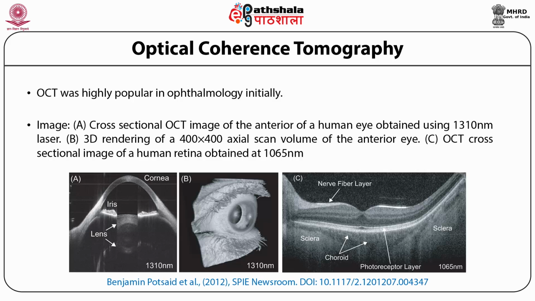So by looking at these pictures, you can now imagine that OCT is a technique which is used not only to image the surfaces of the samples, but to go below the surfaces as well and create 3D structural images of the samples. So it is highly useful for biological applications where you want to image not only the surface regions but go inside and look for crust, cavities and so on.